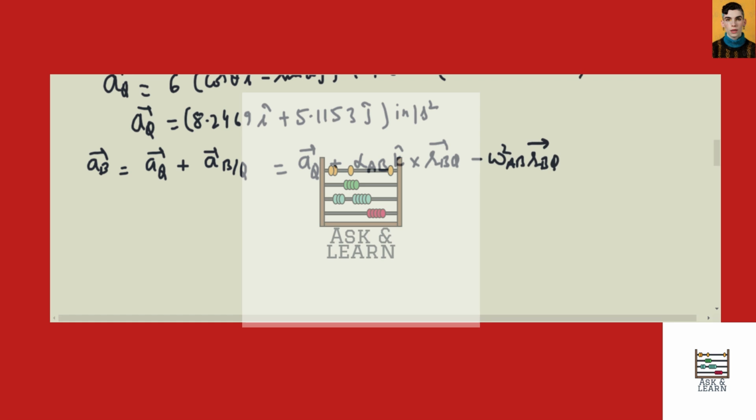Substitute the value. This is along right direction only. 8.2469 i cap 5.1153 j cap inch per second square.